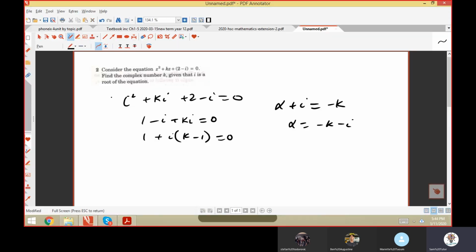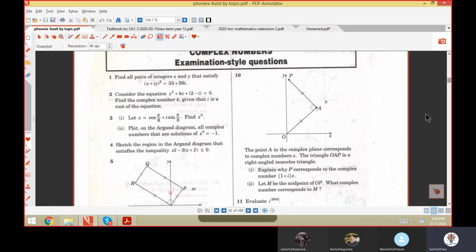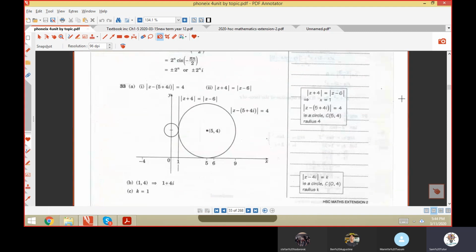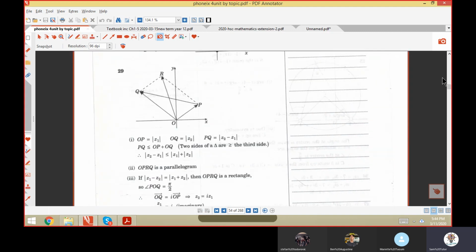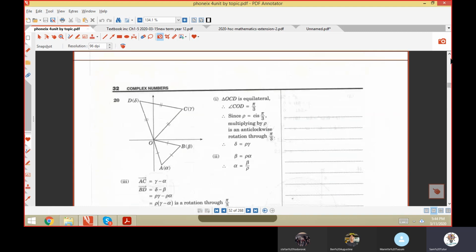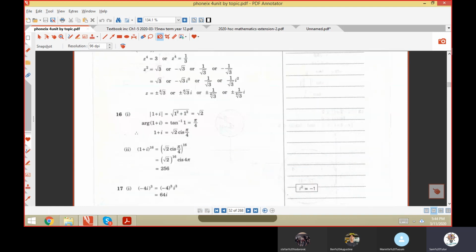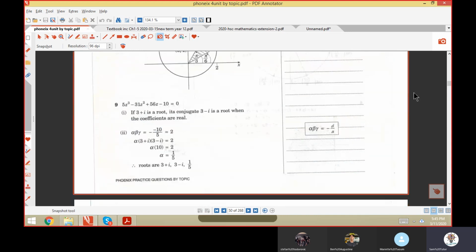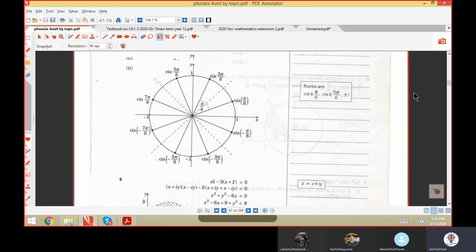Okay, let's start again. Let's have a look quickly at the answer. Oh my god. Find the complex number k, given that i is a root. It's such a simple question. Definitely caught me off guard with that one. I have no idea where I'm going wrong. Question 2. Let's go up. Question 2.